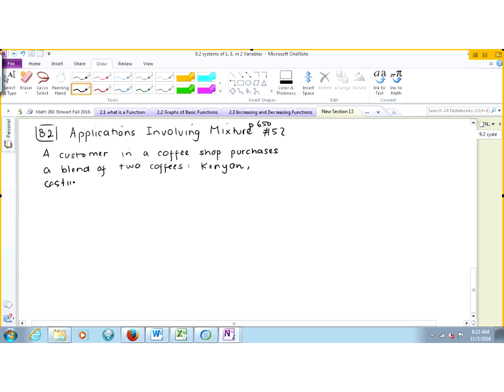The first one is Kenyan, costing $3.50 a pound, and Sri Lankan, costing $5.60 a pound.